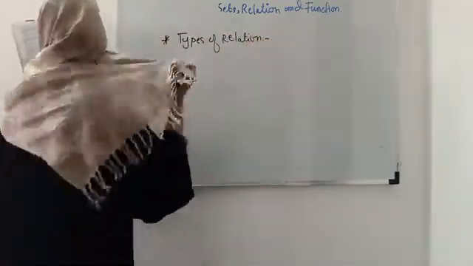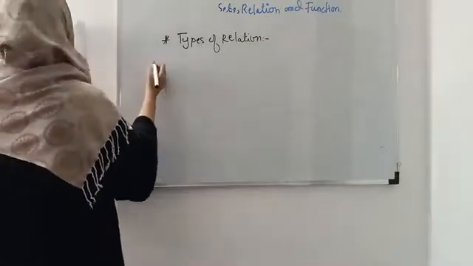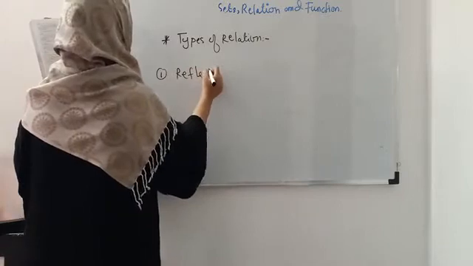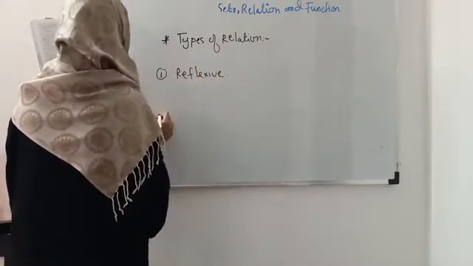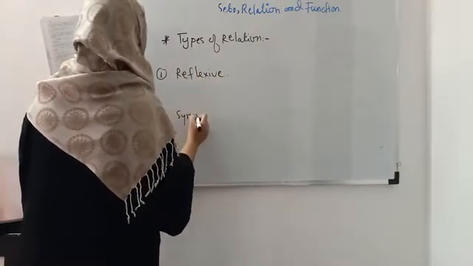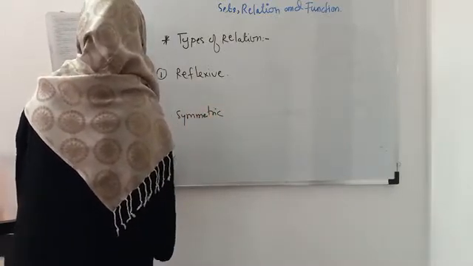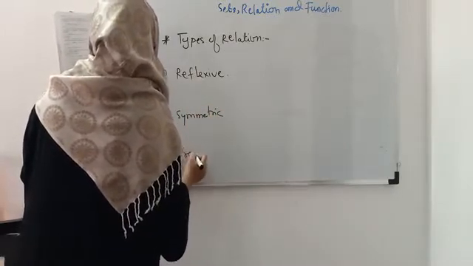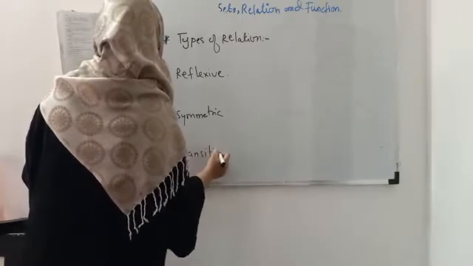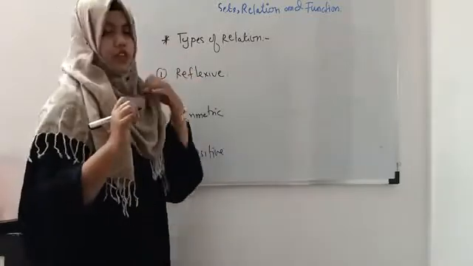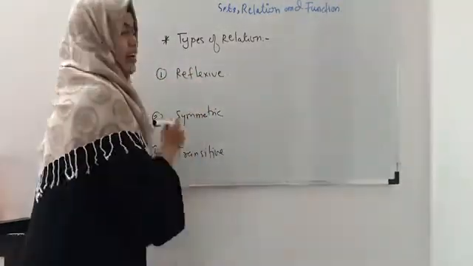The first type is reflexive. Second type is symmetric. And third type is transitive. Okay. So these are the types of relation: reflexive, symmetric and transitive.